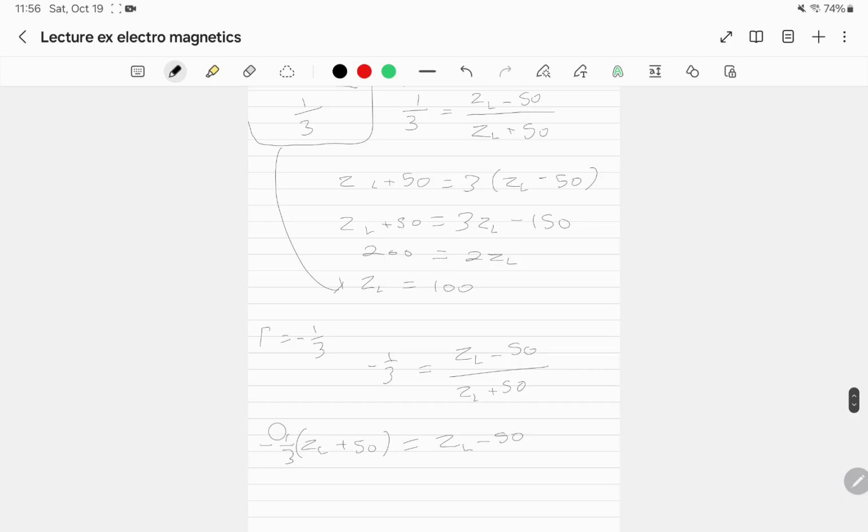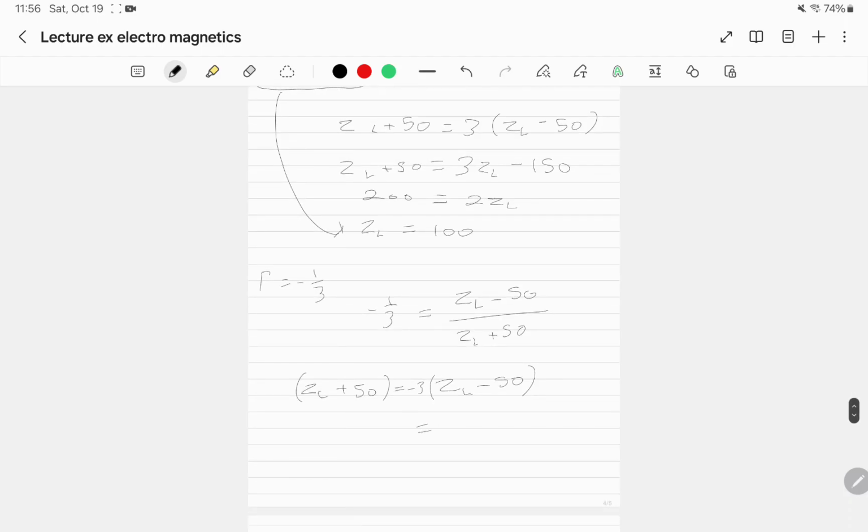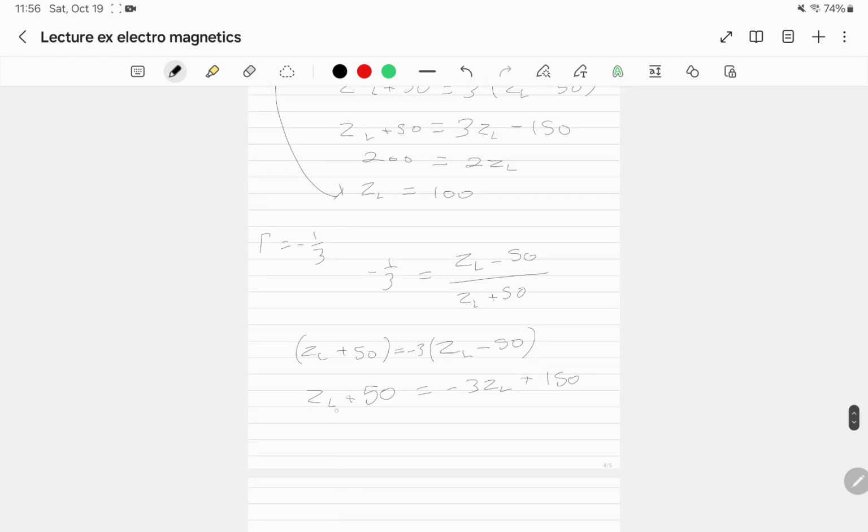I should move the 3 over here, like before. So now we'll have minus 3 ZL plus 150 is equal to ZL plus 50. And now we'll have 4 ZL is equal to 100, and ZL is equal to 100 divided by 4, which is equal to 25 ohms.